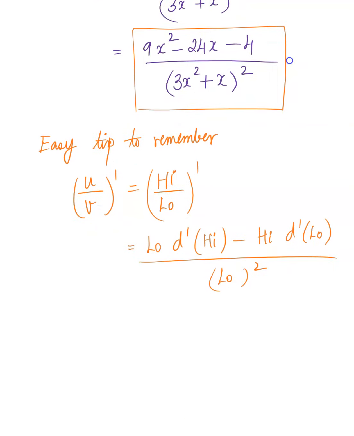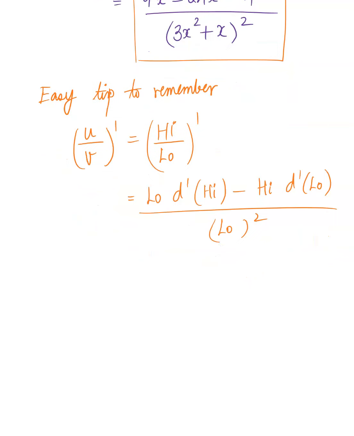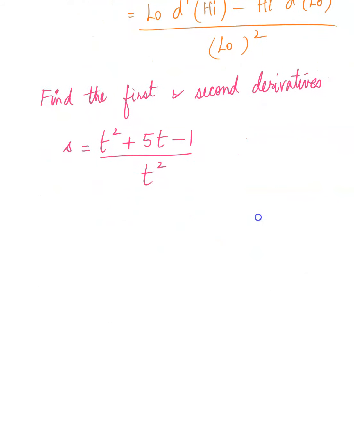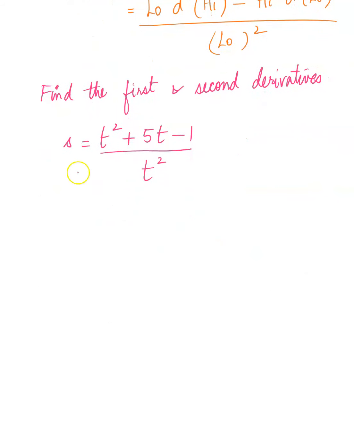All right, class. We'll look at another example now. Find the first and second derivatives, and we're given s equals t squared plus 5t minus 1 all over t squared. If you think of this, the variables are s and t.